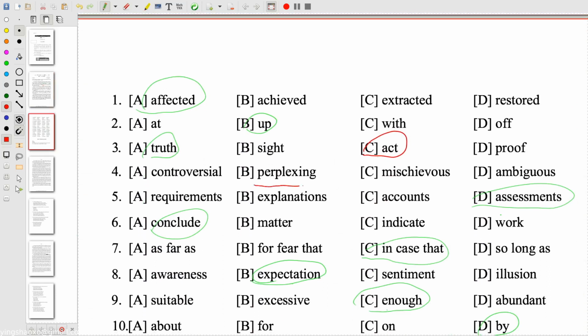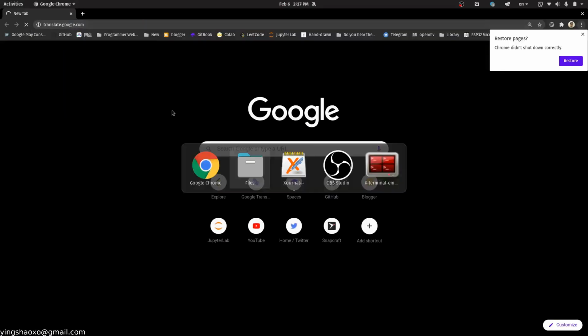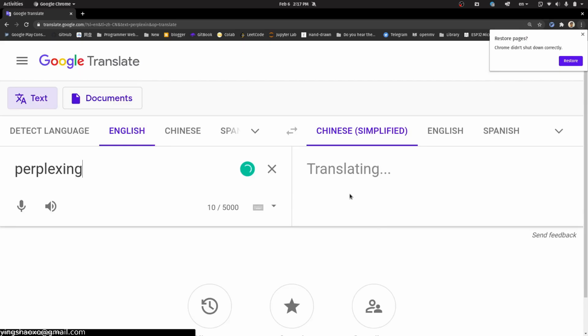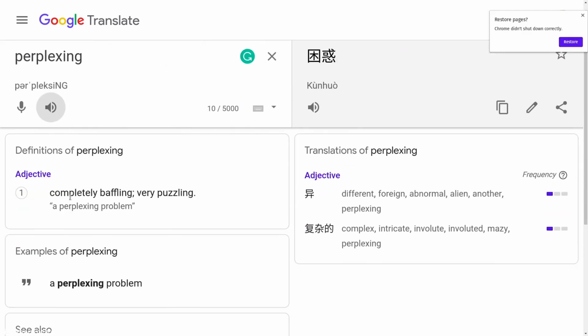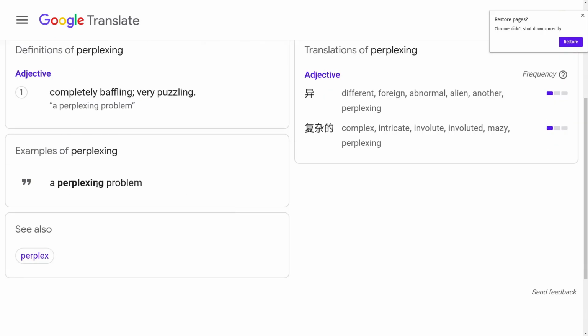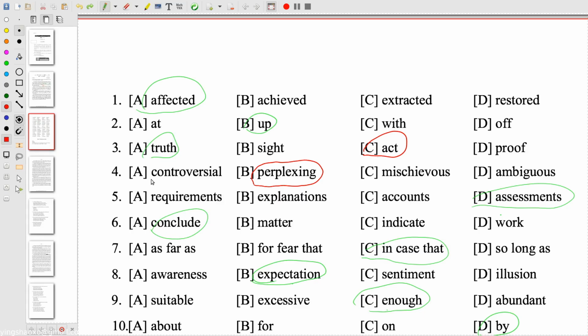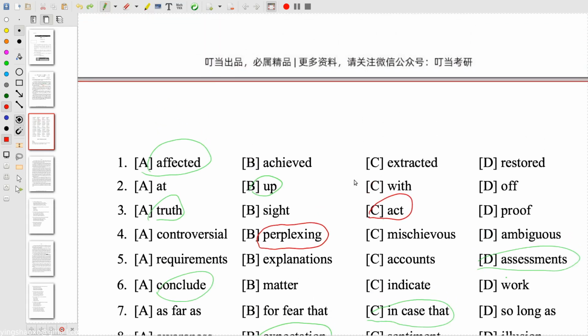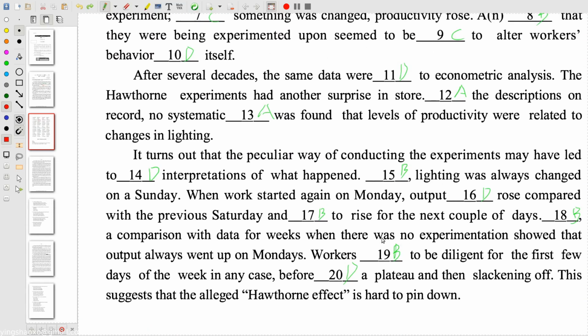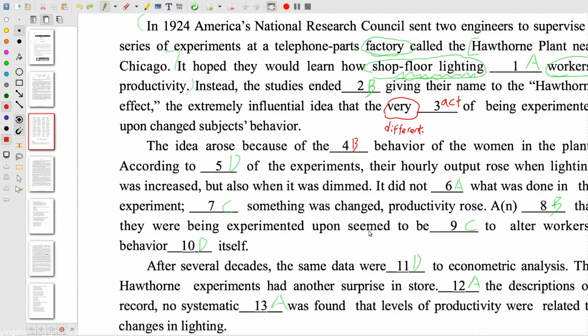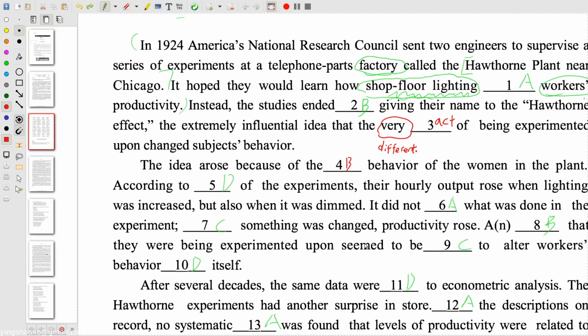The B is perplexing. I have no idea about that word. Perplexing: completely baffling, very puzzling. A perplexing problem. Okay, a confusing problem. For this case, let's read this.